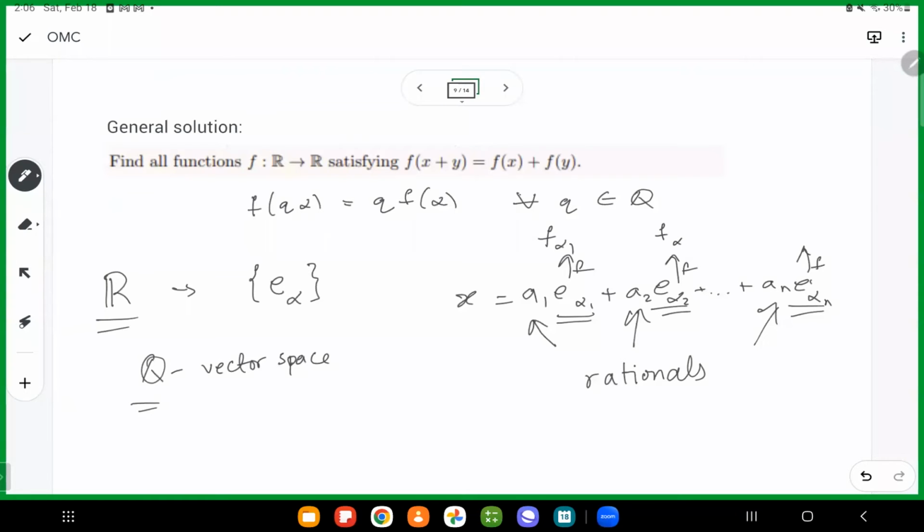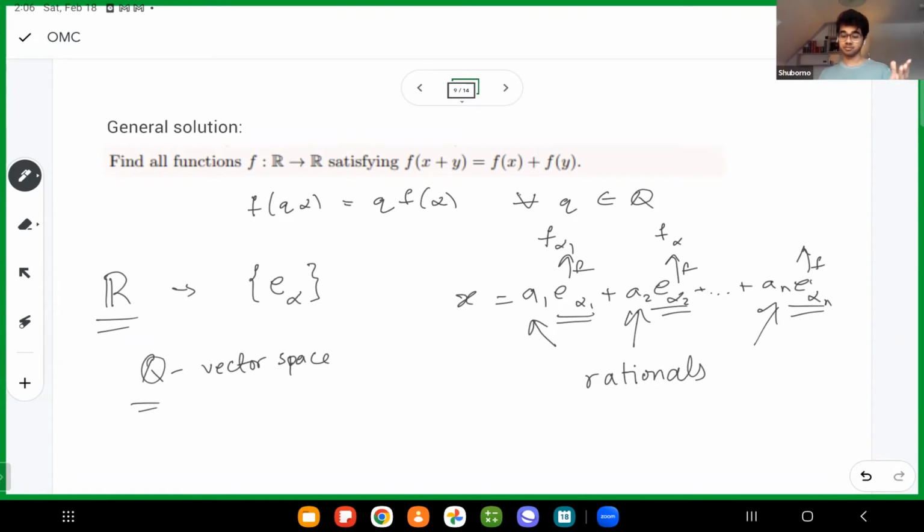These e alpha belong to Q, right? The a1s are rationals. Your other values are not. They're just some reals that create the basis. How do I say a basis? Basis is basically that which can span the entire vector space, and they are linearly independent.